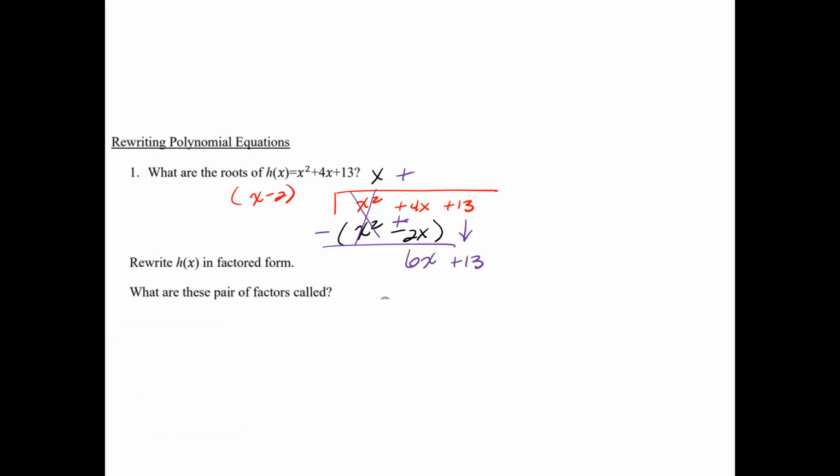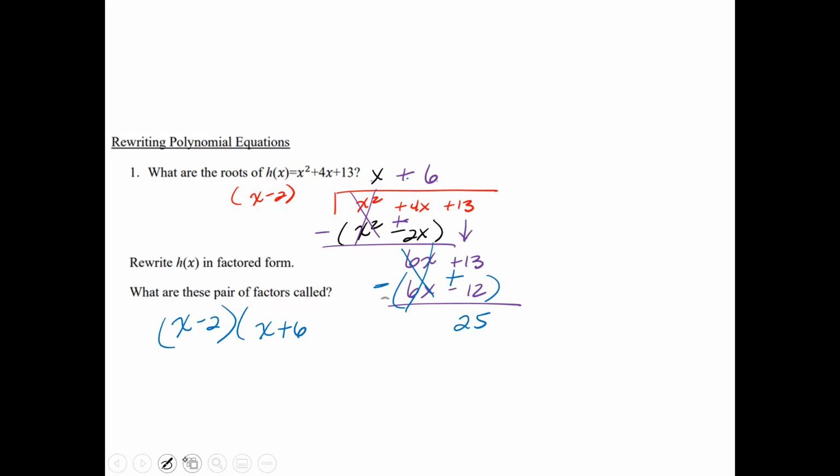Then x times what gives me 6x? So I put a 6. If I multiply it, 6x minus 12. Subtract it, my 6x cancels. 13 plus 12 is 25. Then if I write this in factored form, my answer is going to be x plus 6.